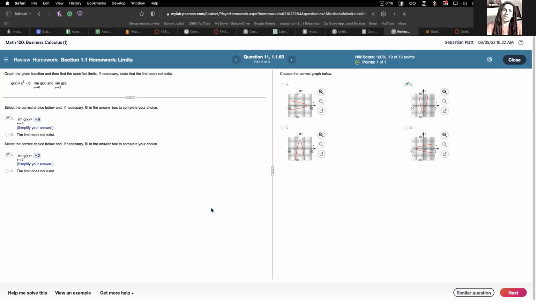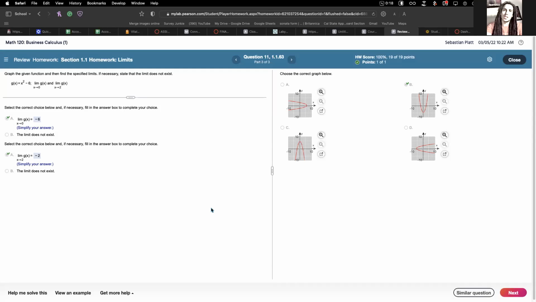And so the first portion wants us to choose the correct graph below. Now, if you have a TI-84 calculator on deck, then this is really easy. All you have to do is type in the equation into the y equals portion, then hit graph. And after that, you just pick the correct graph.